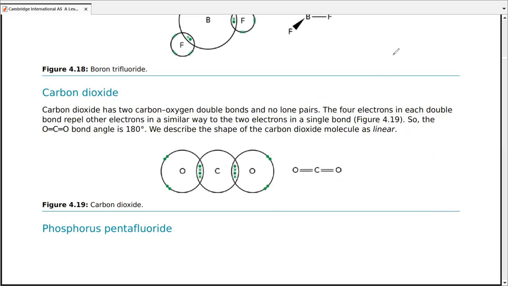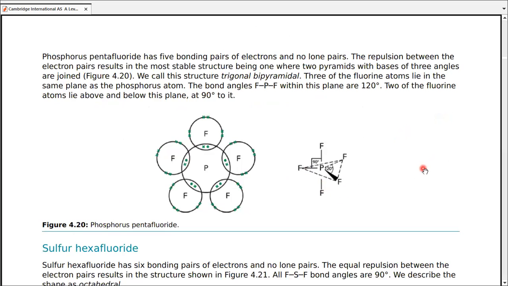Moving on, phosphorus pentafluoride. This is somewhat different. Phosphorus pentafluoride has 5 bonding pairs. We call it an expanded octet. The repulsion between the electron pairs results in the most stable structure being one where 2 pyramids with bases of 3 angles are joined.